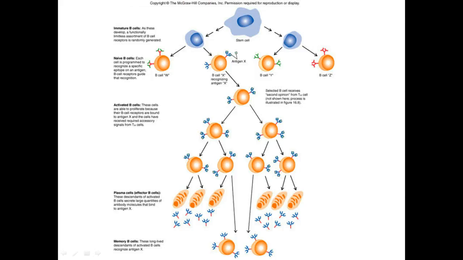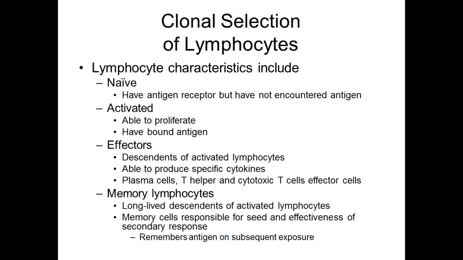Some of them are going to differentiate into plasma cells when we talk about B cells to actually secrete the antibodies. And then others are going to stick around as memory B cells in case we see this bad guy again. We don't want to forget what he looks like, because chances are you're probably going to see it again. Somehow our bodies figured this out a long time ago. We might see this again. We might want to remember this bad guy.